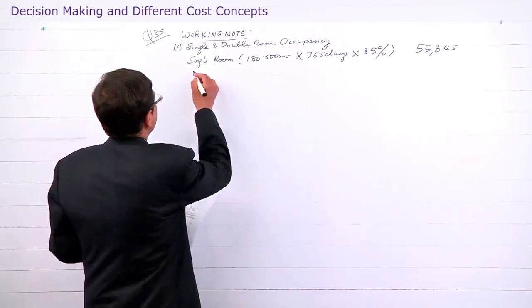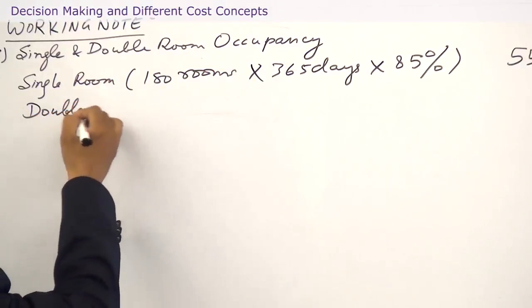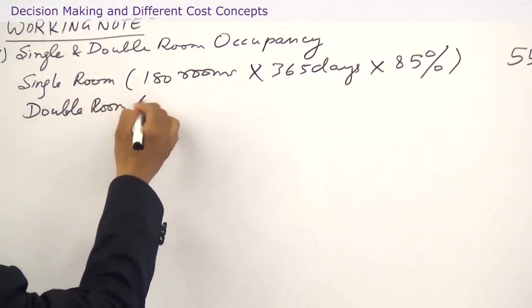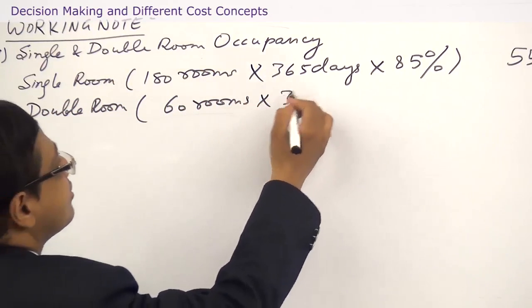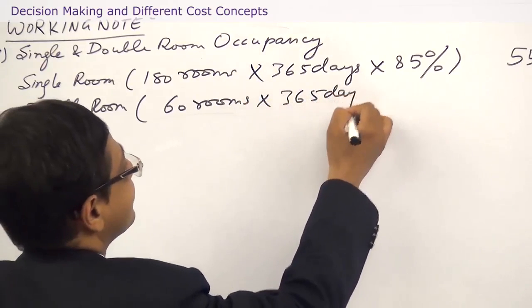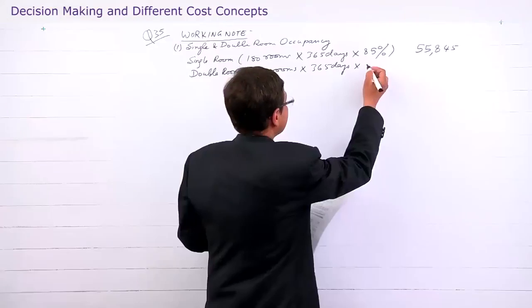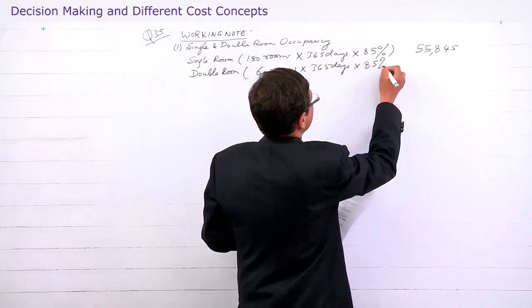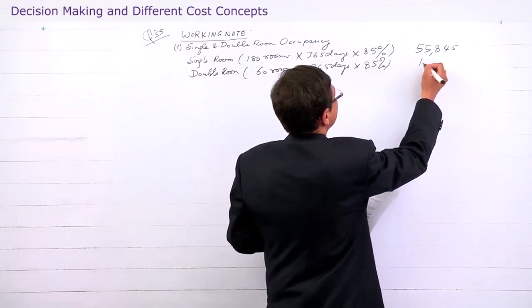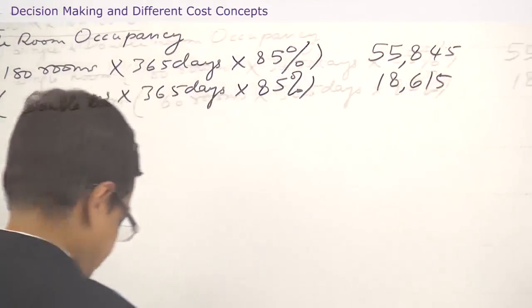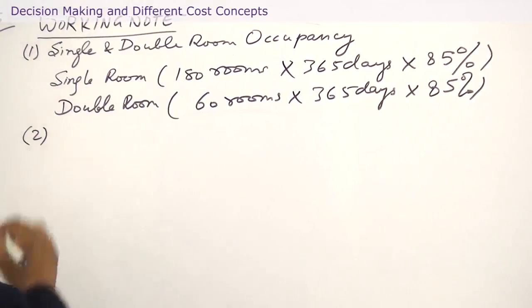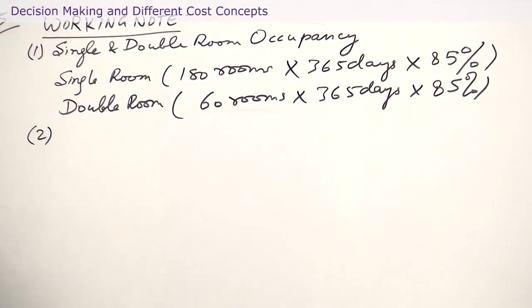If you see double rooms, 60 such rooms are there. For 365 days in a year, covering 85% occupancy, it becomes 18,615. This is the first part of your working note.